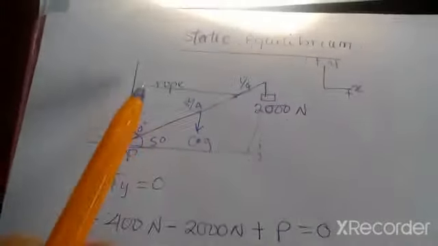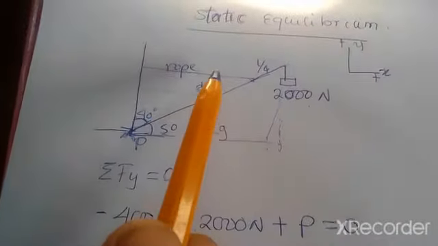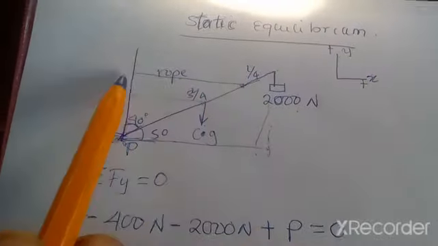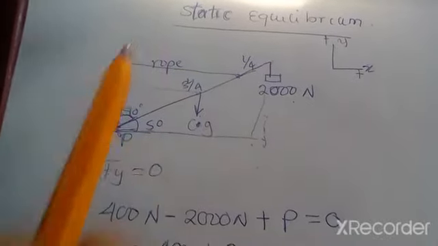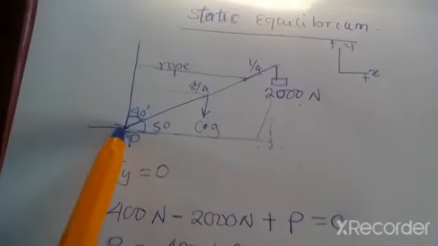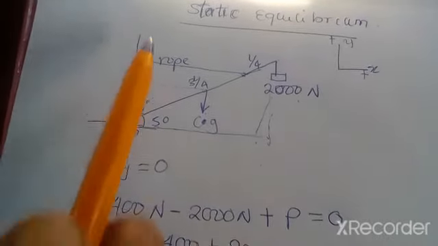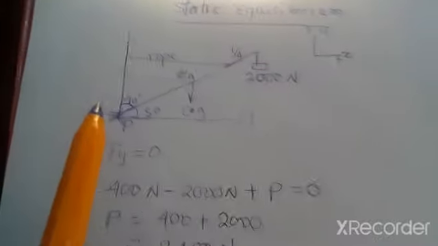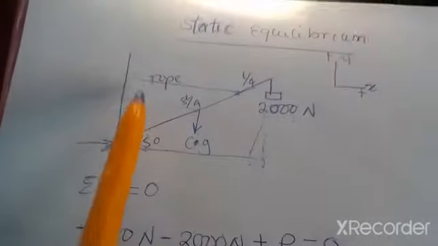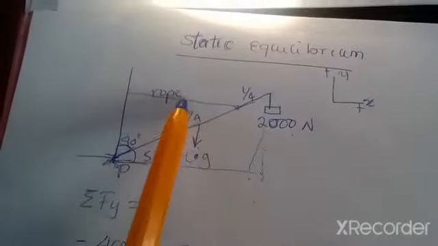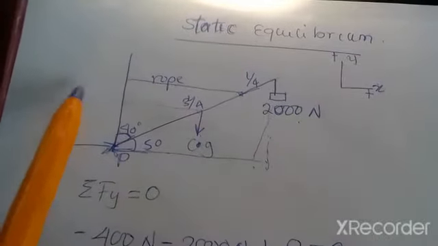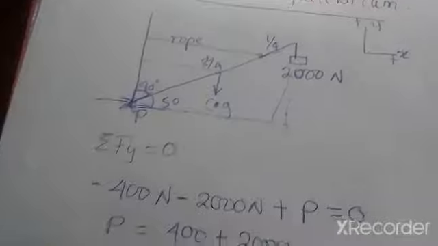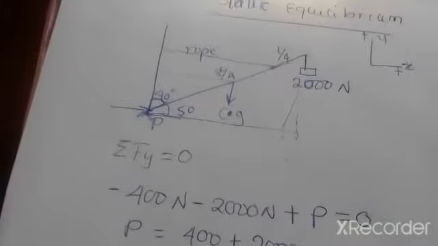Now if the tension in this rope is 2,460 and these two forces are the only forces that we are having in the x-axis, meaning that these two forces are equal but have opposite signs. So if this is negative, then this will be positive, because it is acting in the positive x-axis, meaning the other one will be negative.